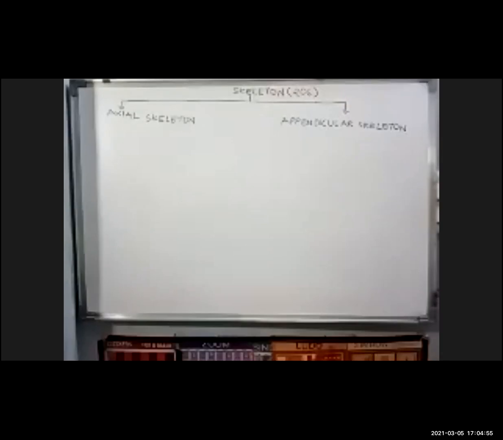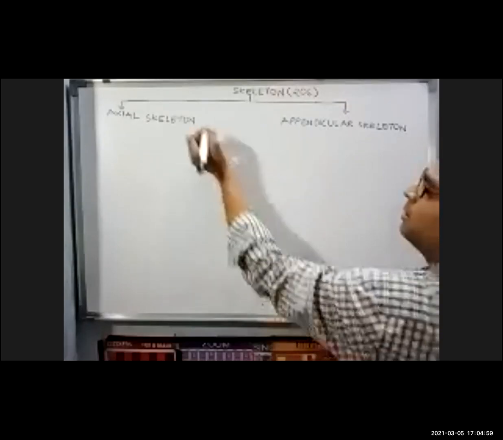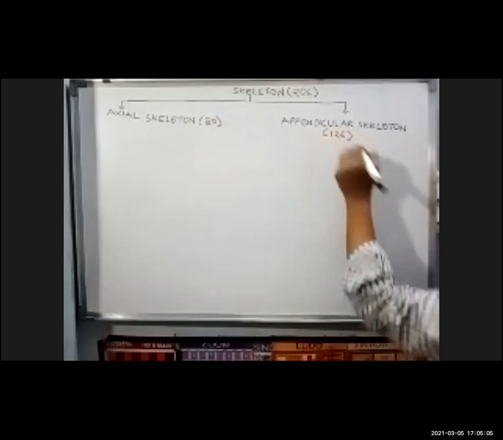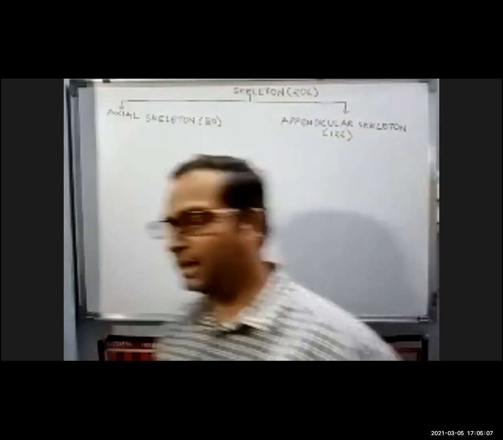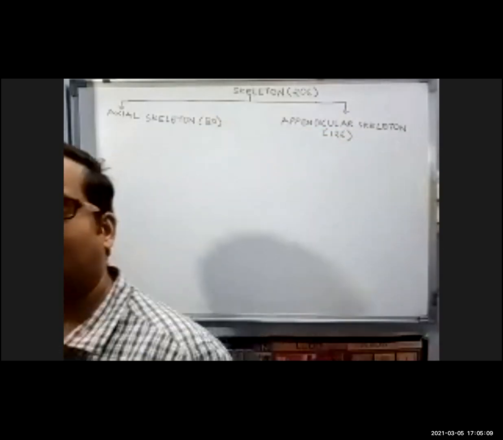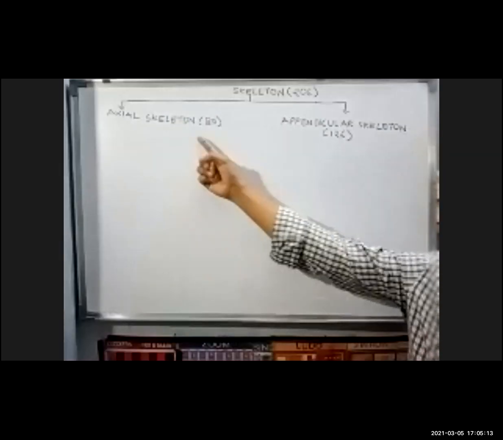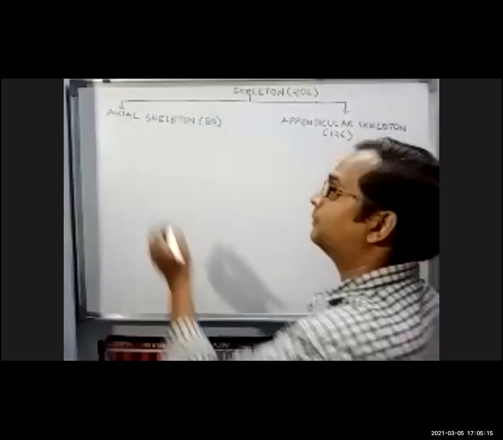Out of these 206 bones, there are 80 bones in the axis of the body, and the remaining 126 bones are present in the appendages, hands and legs. We have already started with this axial skeleton.